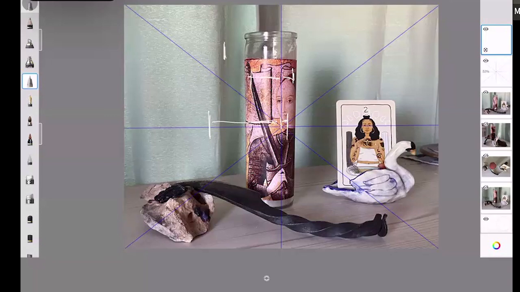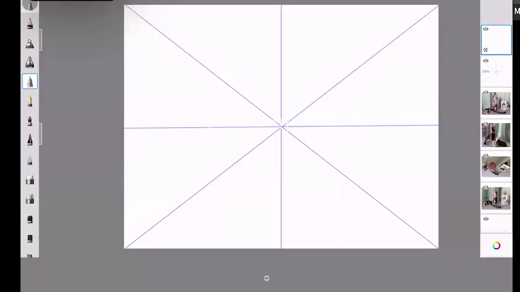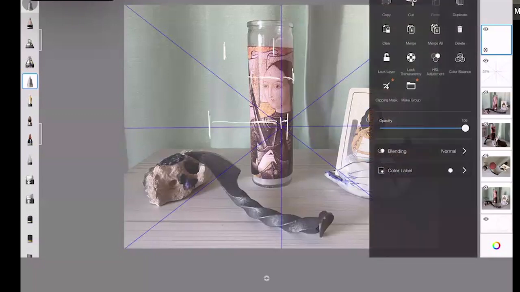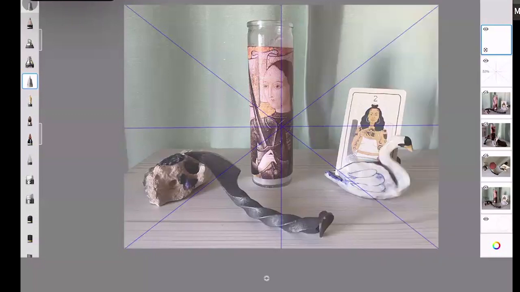That becomes problematic when you're trying to present the viewer with one point of view and you start to mix them together. The candle looks like one point of view and the tarot card looks like another, and things aren't lining up, which becomes really important when we start thinking about the phase, which is how things line up.